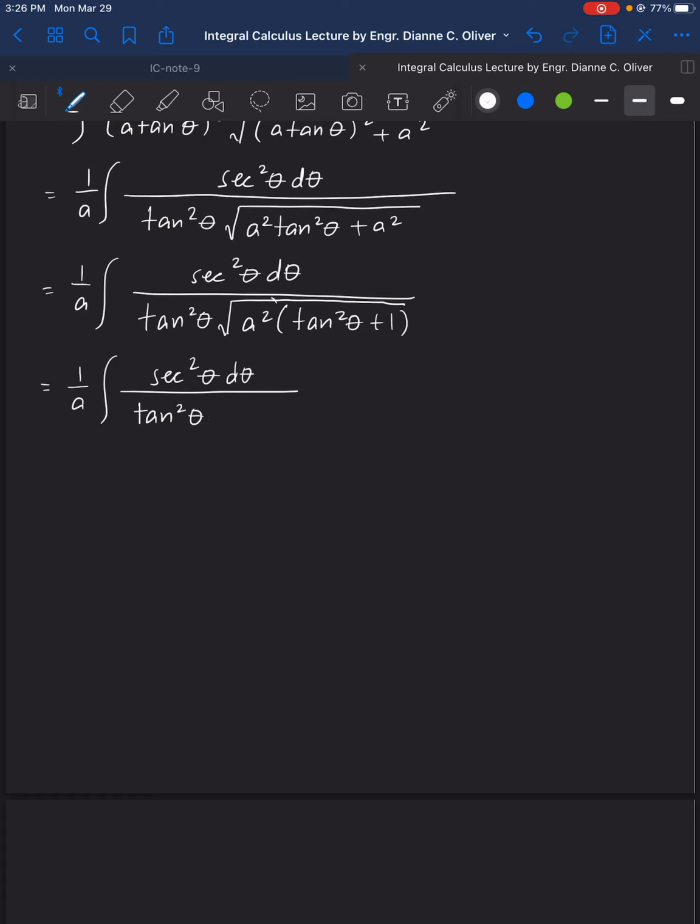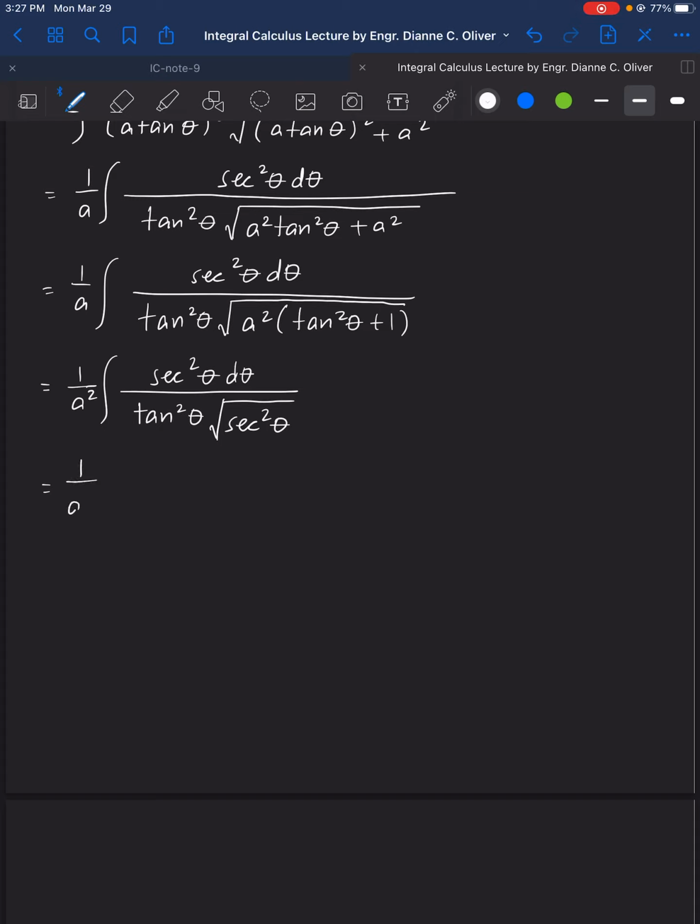So since we have there square root of a squared, that is a times a here becomes 1 over a squared. So I just brought there the a. Then here this becomes square root of secant squared theta.